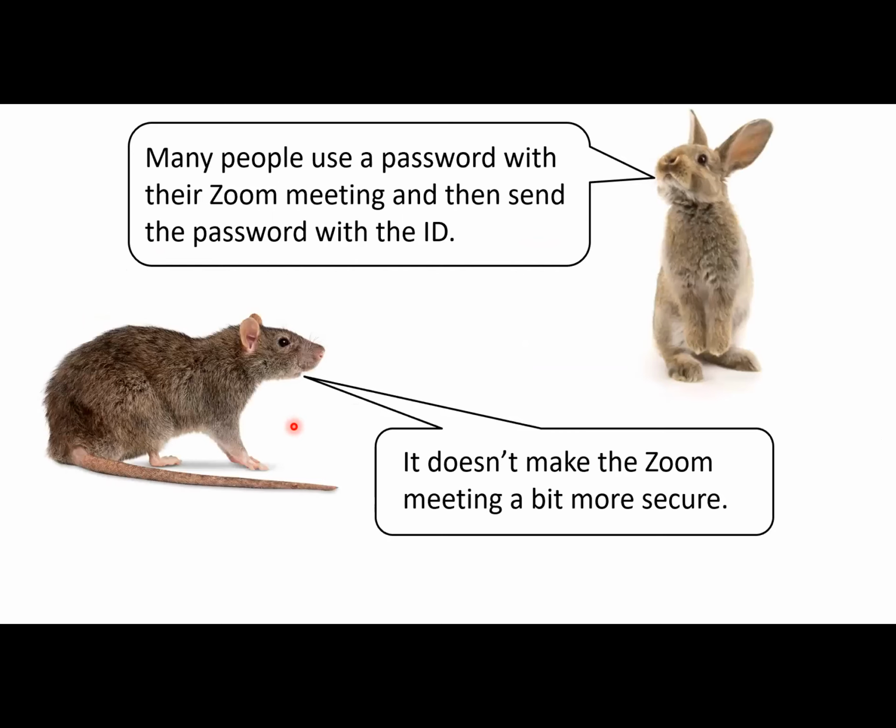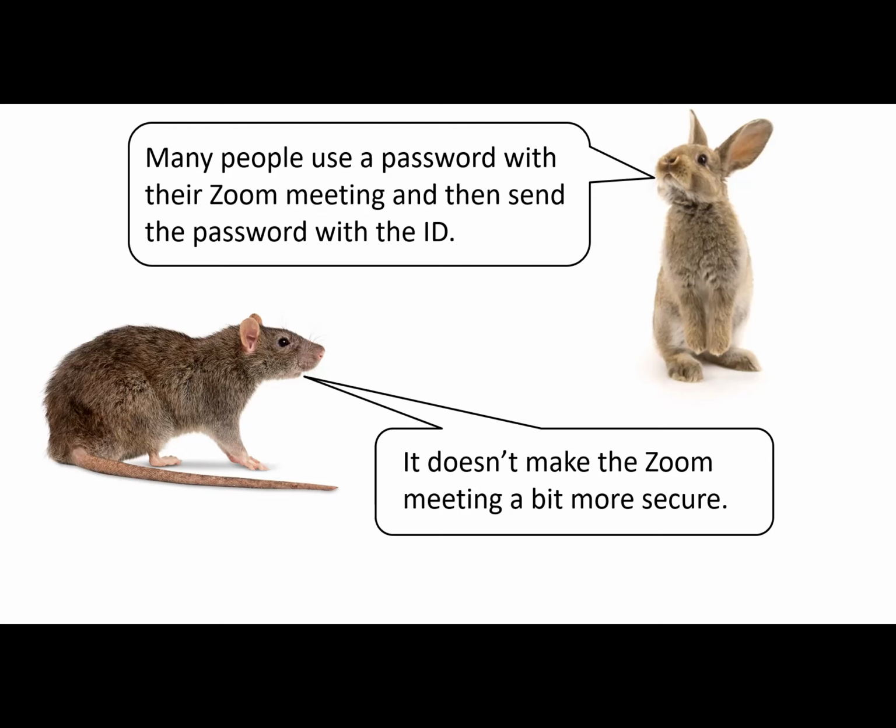Okay, you haven't seen the rat and the rabbit yet. A couple of semesters ago, I did the class all online, and the rat and the rabbit showed up every now and again, with remarks about the lecture. But did you ever notice what good is that password for Zoom? Everybody goes, oh, the university wants you to use a password to make it secure. Oh, nonsense. Everybody mails the password with the ID number.